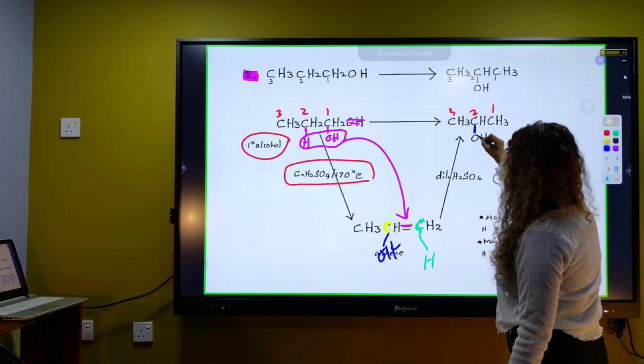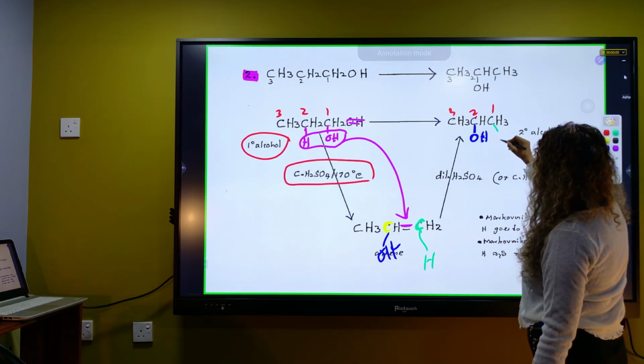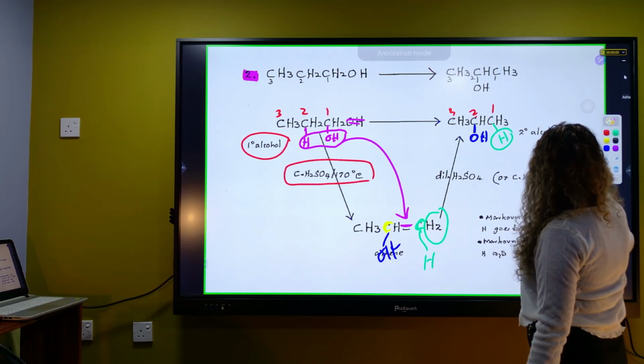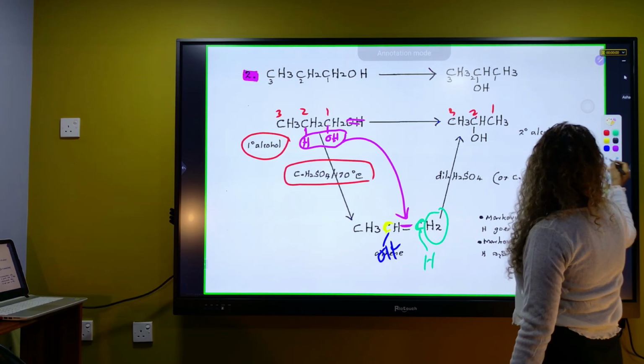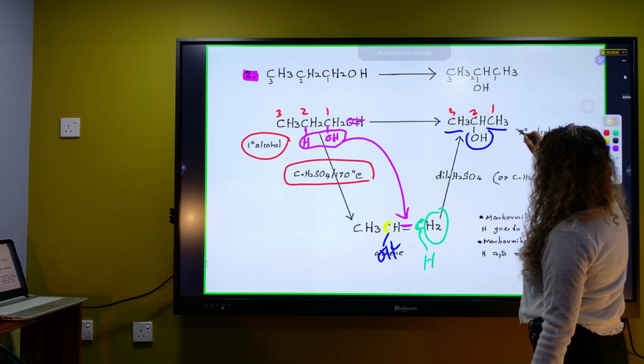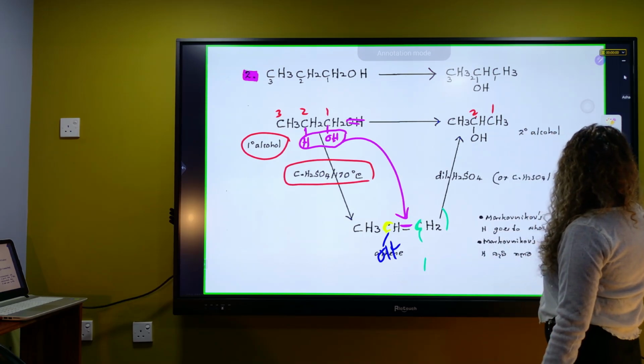And this green hydrogen is one of the hydrogens here. So you already have 2 hydrogens, another hydrogen is joining, so that all these become 3 hydrogens. So then you are making CH3, CHOH, CH3. Okay, so this is the conversion.